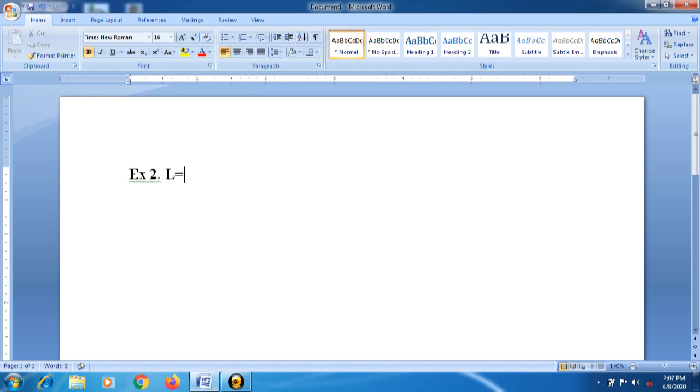Suppose we have considered L is equal to a raised to i, b raised to i, and c raised to i, such that i is greater than or equal to 0. This is our given language. We have to check whether it is a CFL or not.